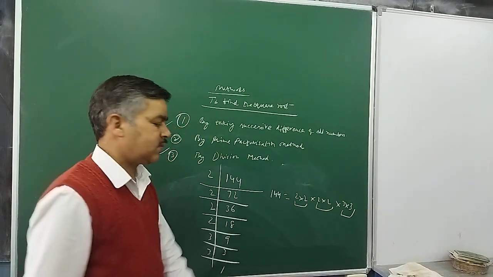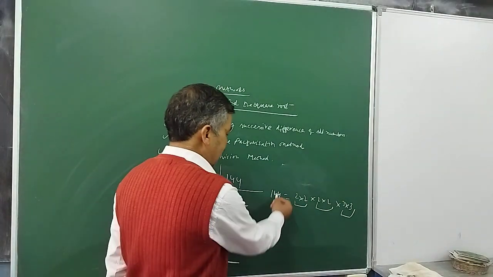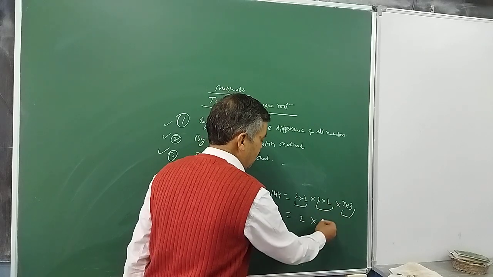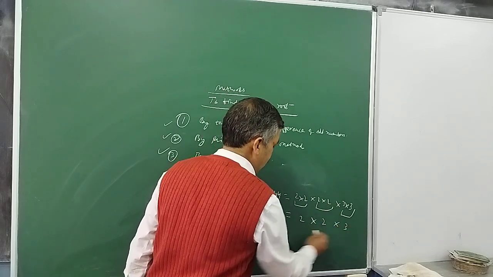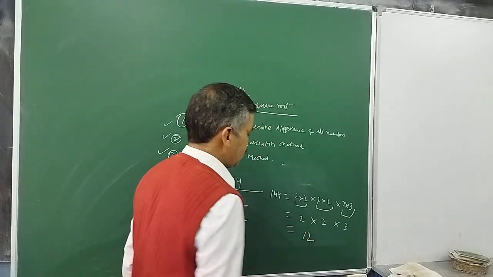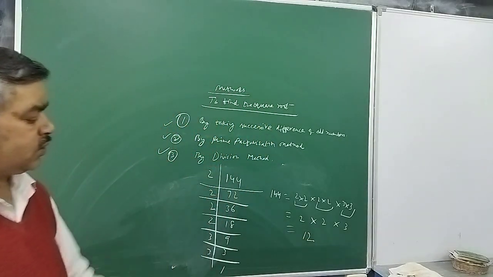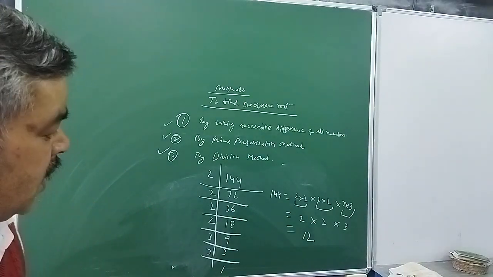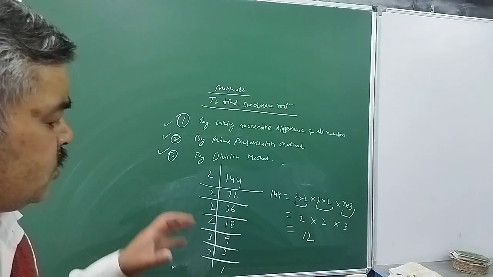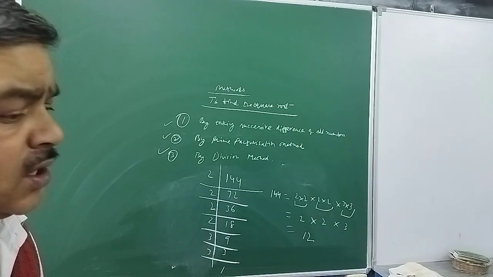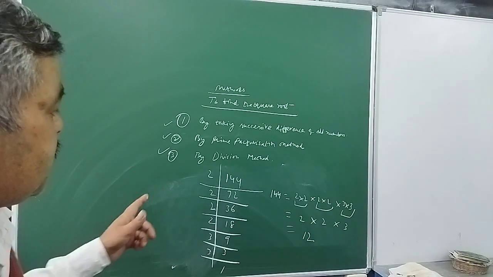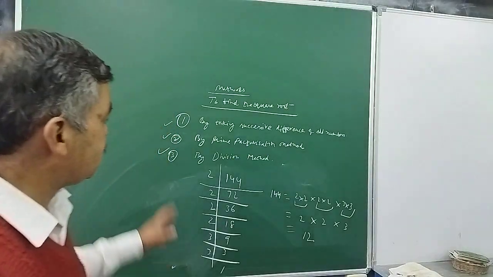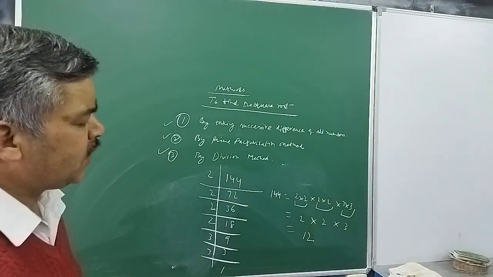1 into 1 is always equal to 1. So to find the square root of this, one 2 from here you will take from this pair, one 2 from here, and one 3 from here, and the result is equal to 12. 2 2s are 4, 6 are 12. So no doubt that 144 itself is a perfect square, and the square root of 144 is equal to 12. So this is the second method, how we can find the square root by using the prime factorization method for any number.